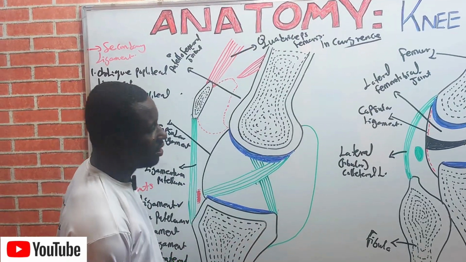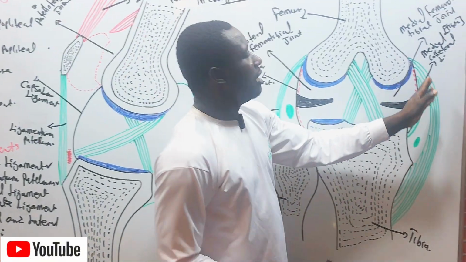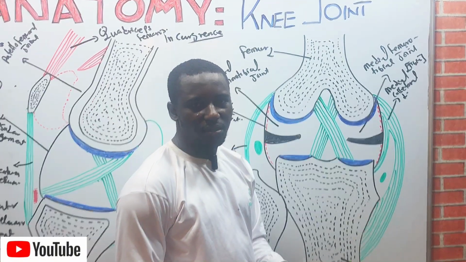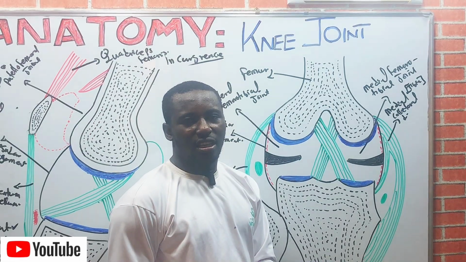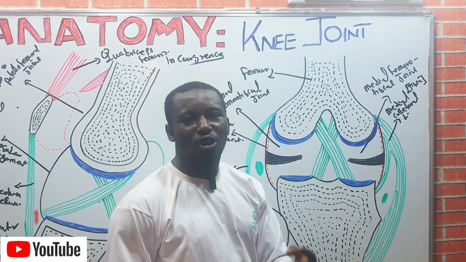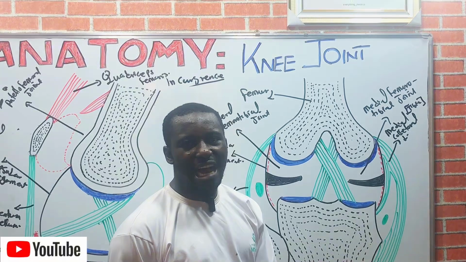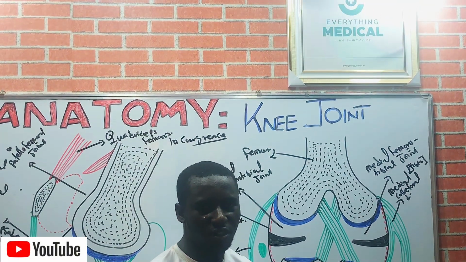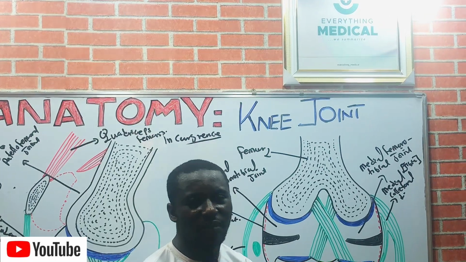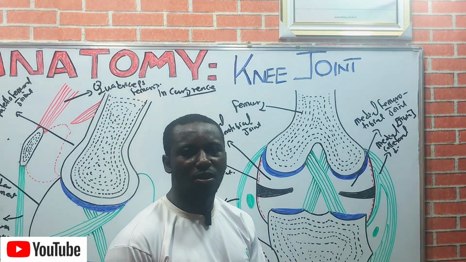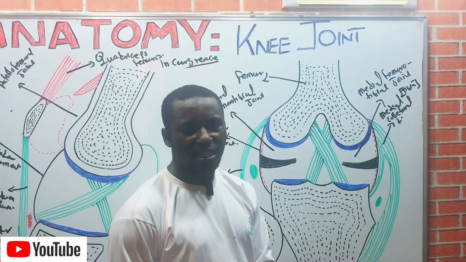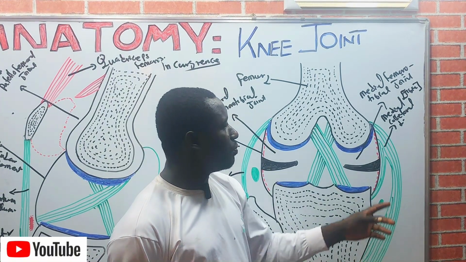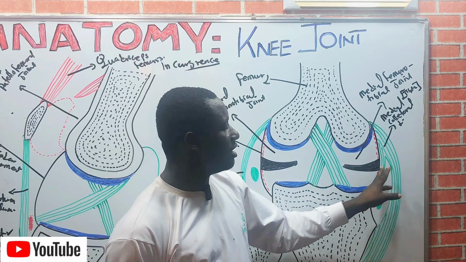Recall that the tibial or the medial collateral ligament is an important ligament. It is a strong, long, thick, and flat band of fibrous tissue, which is divided into two parts, the superficial part and the deep part.